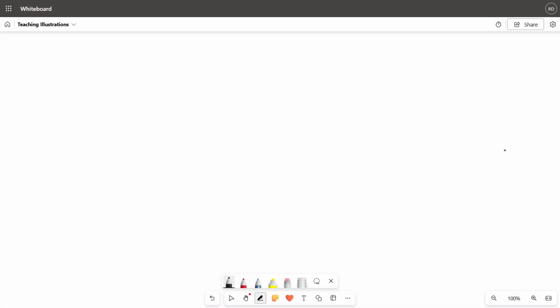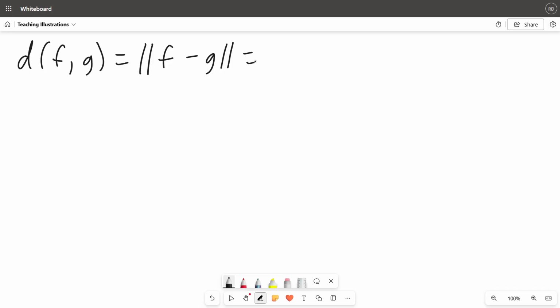So the distance from F to G would be the norm of F minus G, which would become 3x minus 5. And if you said G minus F, it'd be the same thing.